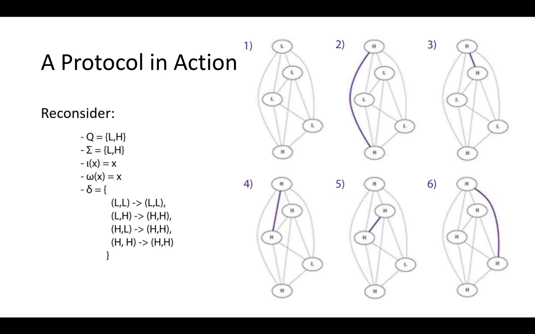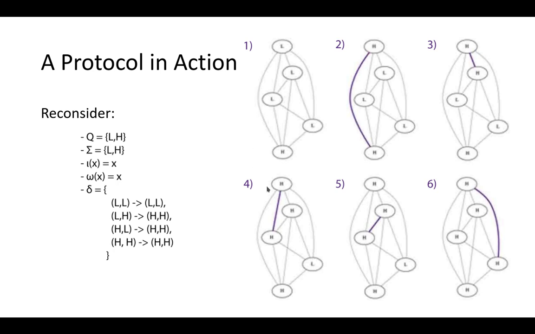The figure here sort of represents the execution of a simple protocol. Let L represent a state where an agent hasn't met that certain condition, and let H represent the state in which an agent has met that certain condition. The transition function describes whether or not two of these interacting agents have met this criteria.